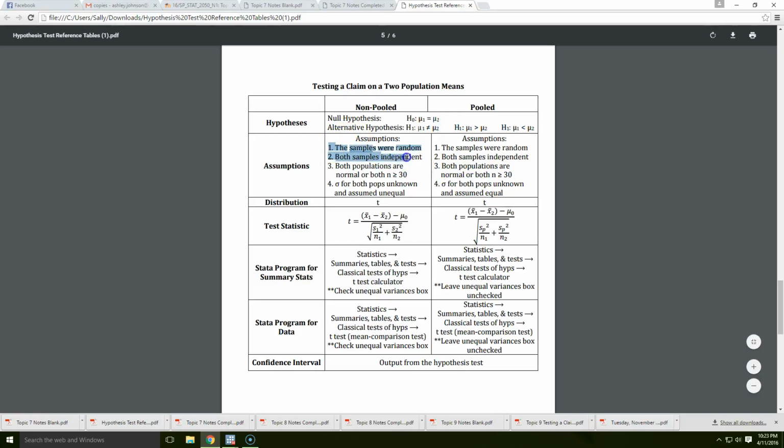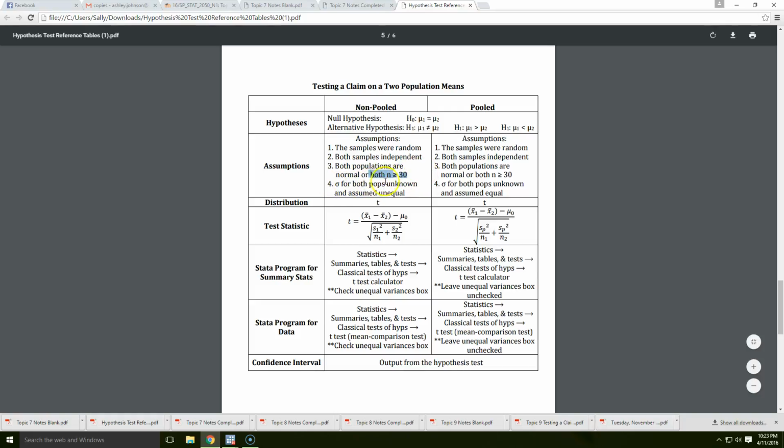The first 3 assumptions are exactly the same. We need random samples. We need samples that are independent, which means that the selection and action of one sample doesn't affect the members of the other sample. We need either normality of both populations from the Shapiro-Wilk test, or that both have a sample size that is at least 30.